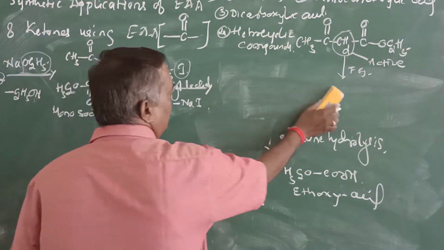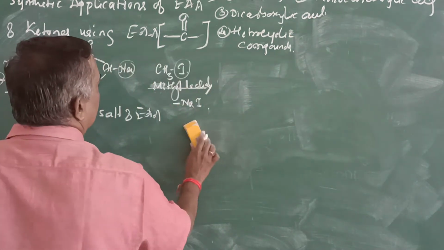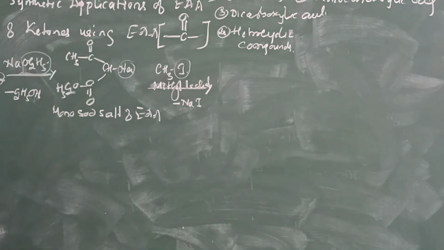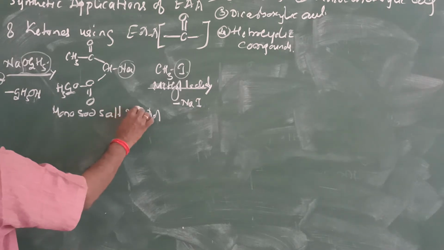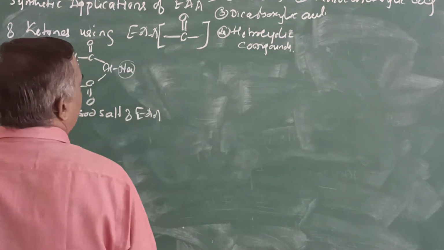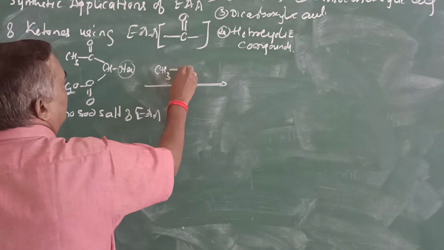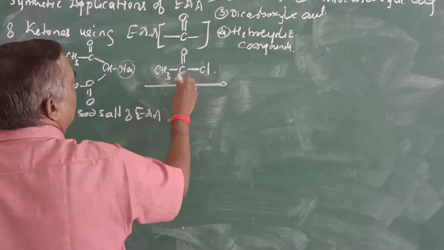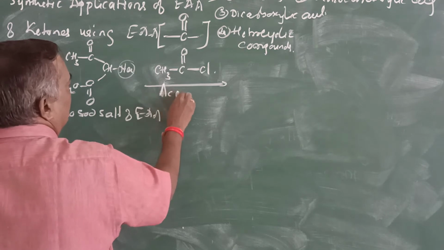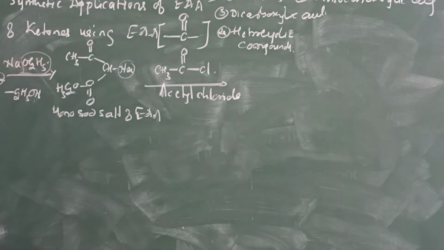Now let's see. You again start with ethyl acetoacetate and treat with sodium ethoxide. You will get the monosodium salt of EAA. Then, instead of methyl iodide, you use CH3COCl, acetyl chloride.